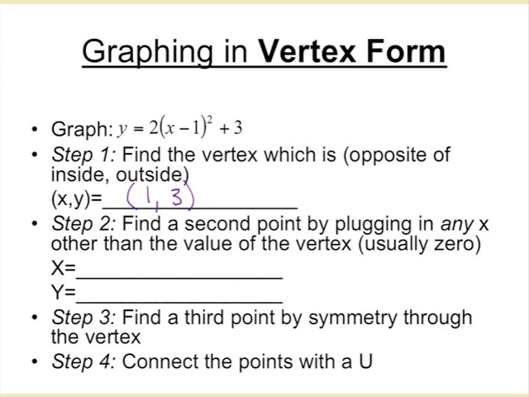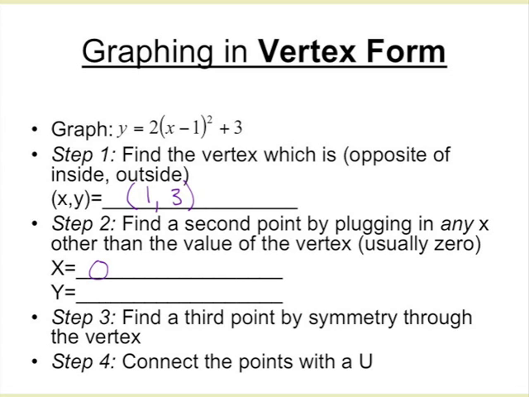So you could plug in 0 if you want, or you could just plug in whatever's right next to your vertex, which in this case would still be either 0 or 2. But that'll keep your numbers more manageable. The further away what you're plugging in is from your vertex, you might start getting kind of crazy numbers to try to graph. So if you stay close to your vertex, that'll give you a more manageable number to graph.